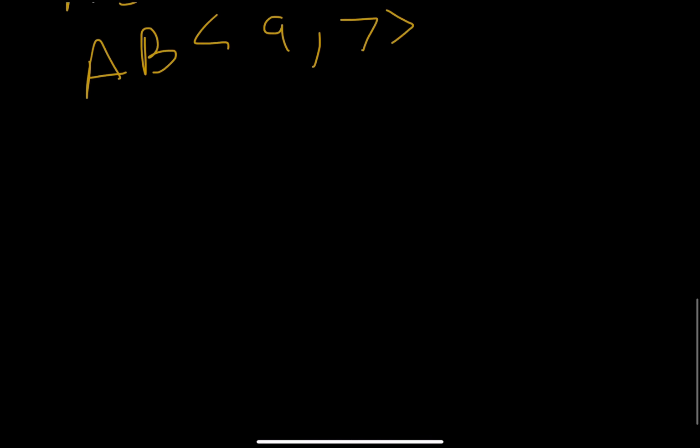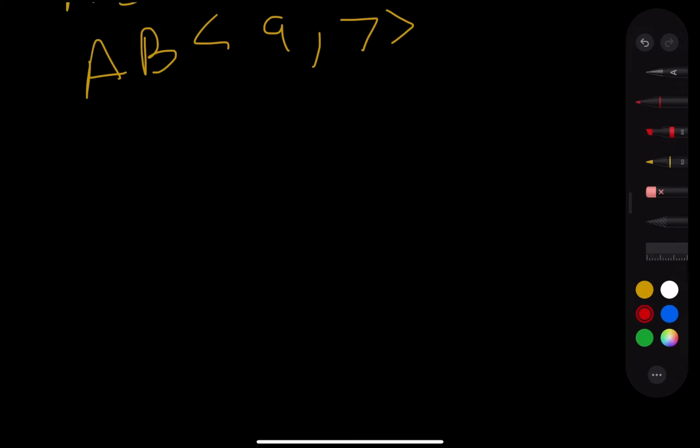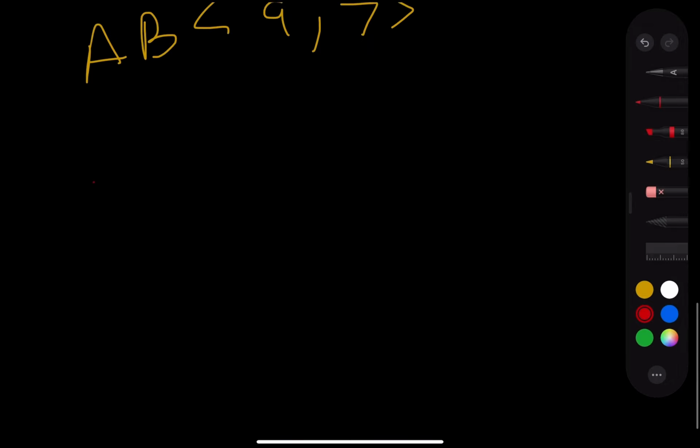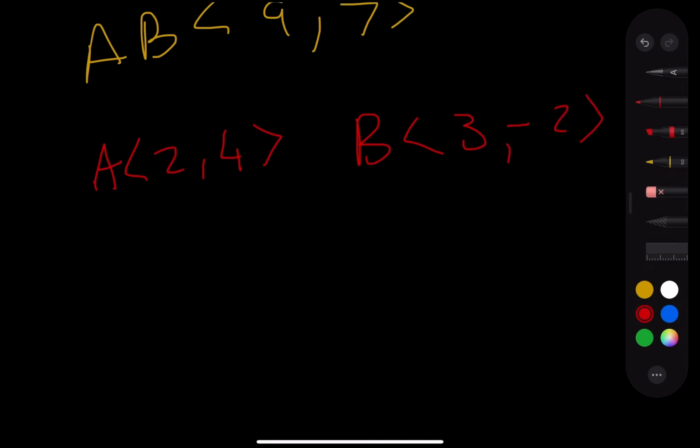You then get vector subtraction. And how you do this is, so you have vector A, which is 2 and 4, and you have vector B, which is, let's say, 3 and minus 2. So don't be afraid of the negative here. Some vectors have negative components.